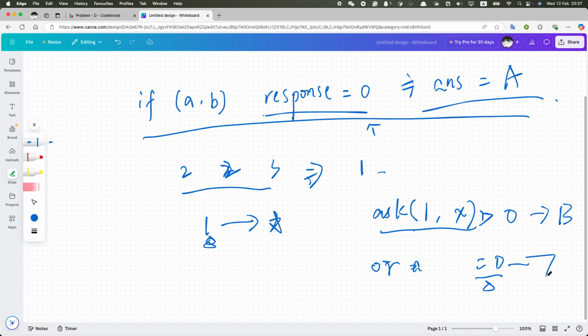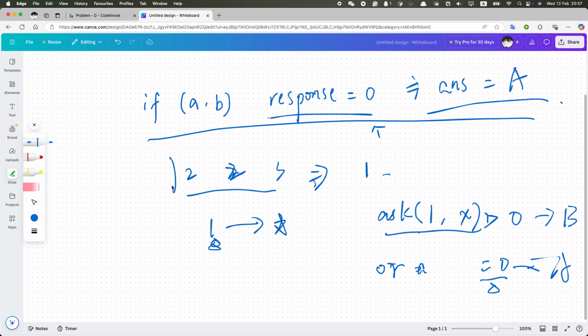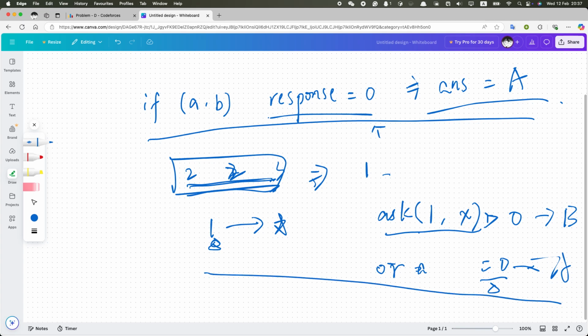So the answer is A. So that is a very useful strategy for this case. If we miss some numbers, we can use this strategy to find the answers.